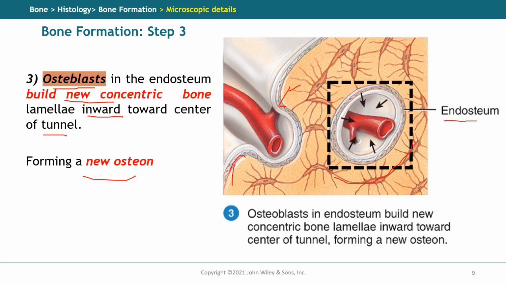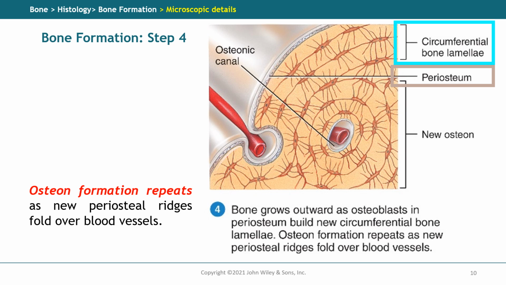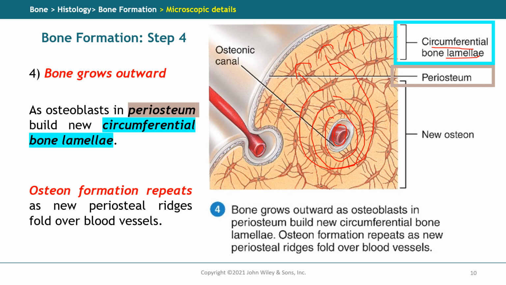So here you see again the first step, where now the blood vessel is going to go inside and form another osteon. So here you can see the final step. Here you see very clearly the central canal, and you can see the new osteon with the concentric rings. And so now what happened is that you need to have this circumferential bone lamella. You need to grow outwards. So it will make the bone grow thicker and thicker.